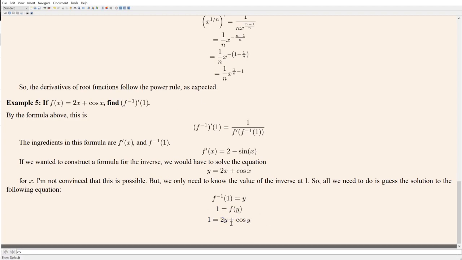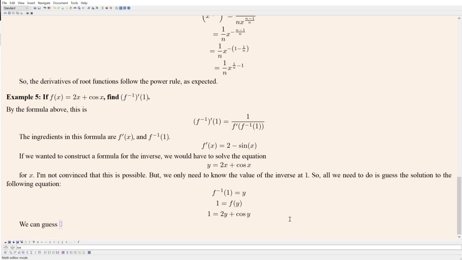Now again, we run into the same problem, which is like, I don't know how to solve this, because we would want to solve this for y. But if we can guess the solution to this, then because the function is 1-to-1, that solution is going to be unique. So what are some guesses we can do?